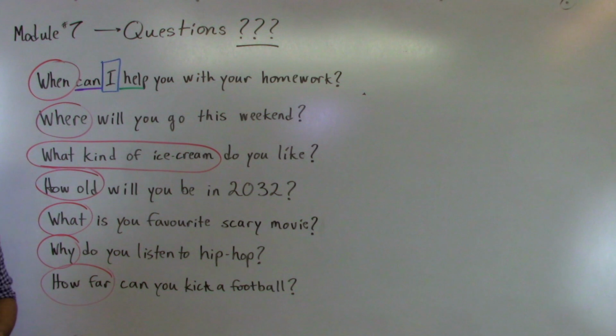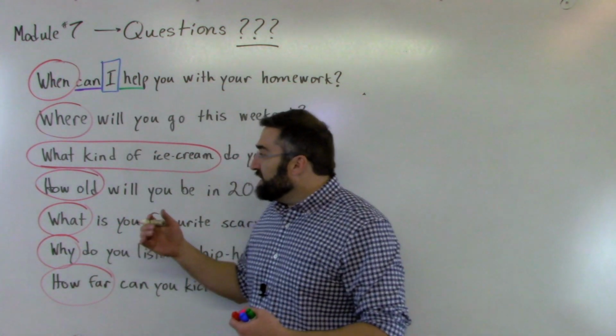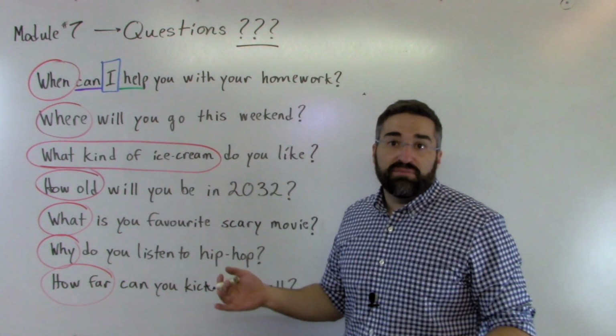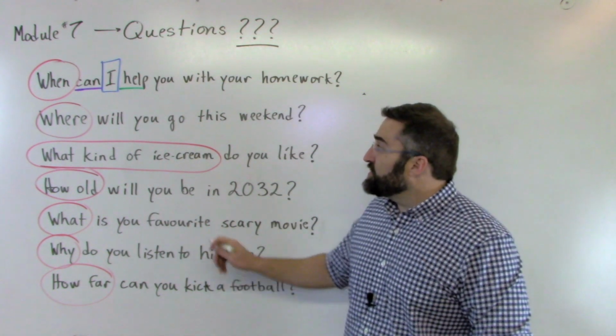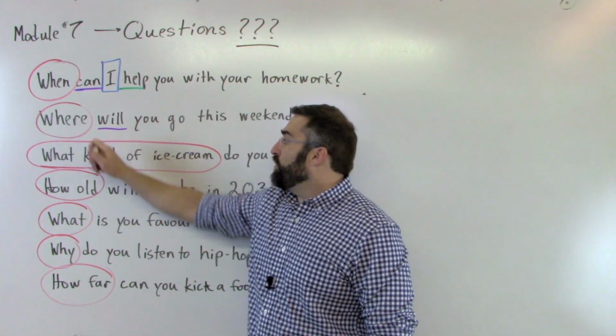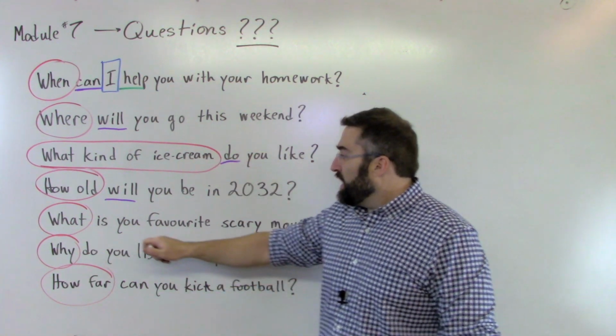The next thing that you should be looking at here is where your auxiliary verb is. So you're going to see a pattern here. You're going to see that the auxiliary verb, if it's in the sentence, is going to be right after the question word. So in each case, we got a do here.